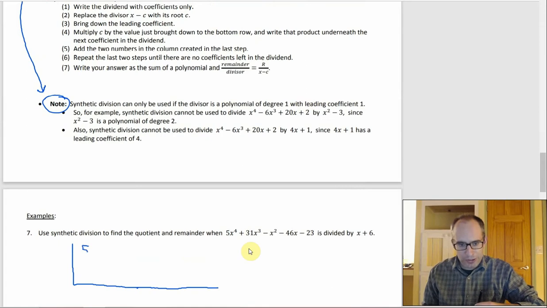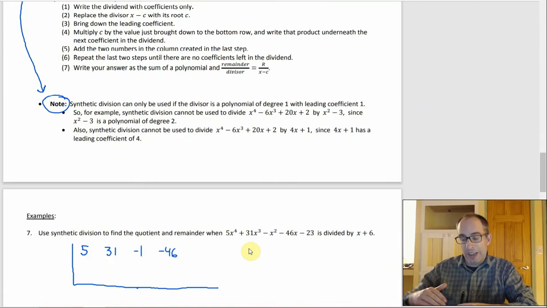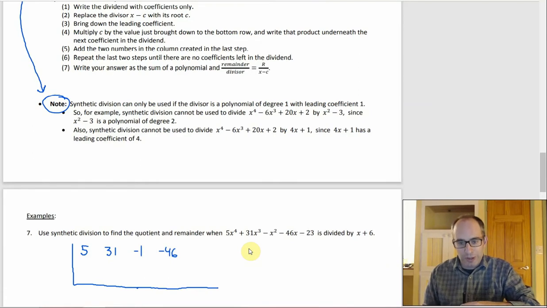The first coefficient's a 5 for the 5x to the 4th. Then you have a 31x cubed, so I'd have a 31. Then a negative x squared, so that's a negative 1 for the coefficient there. Negative 46x, that's a negative 46. Whenever you're subtracting, that minus sign always goes with that coefficient, right? So negative 1, negative 46, and then negative 23.